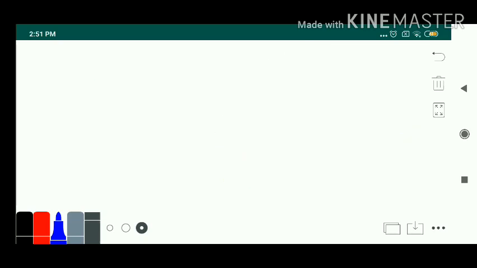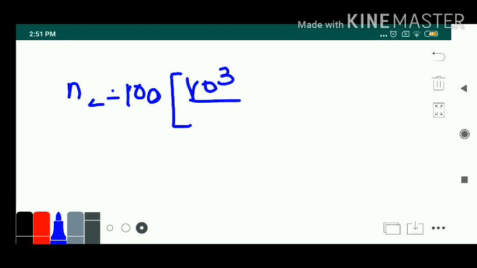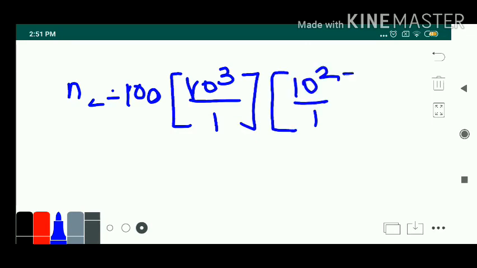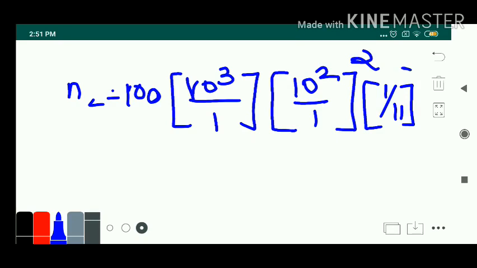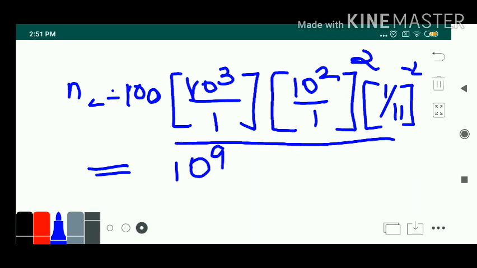So N2 will be equal to N1, that is 100, bracket 10 to power 3 divided by 1, and 10 to power 2 divided by 1 raised to 2, and 1 by 1 raised to minus 2. Clear? So you will get a proper value of around 10 to power 9. The calculation you guys have to do, and the answer is in erg.